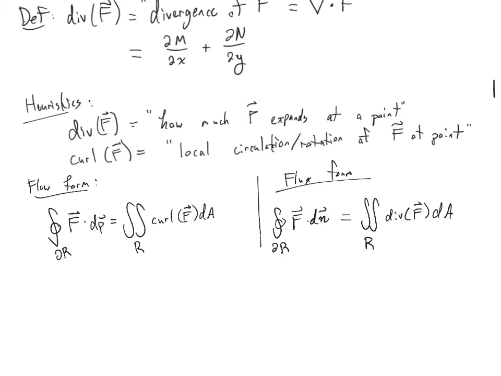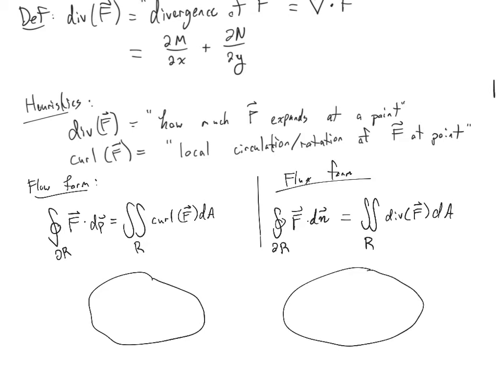So let's kind of justify this. Imagine you've got this region, and I'm going to draw kind of the same region everywhere. And over here, on the left-hand side, we want to know how much f is flowing along the boundary. Now, you could imagine dividing it up into lots of little subregions, where maybe in each smaller region the flow of f is kind of constant.